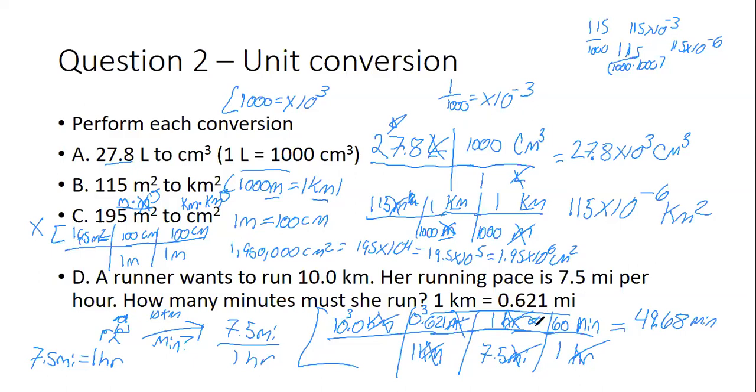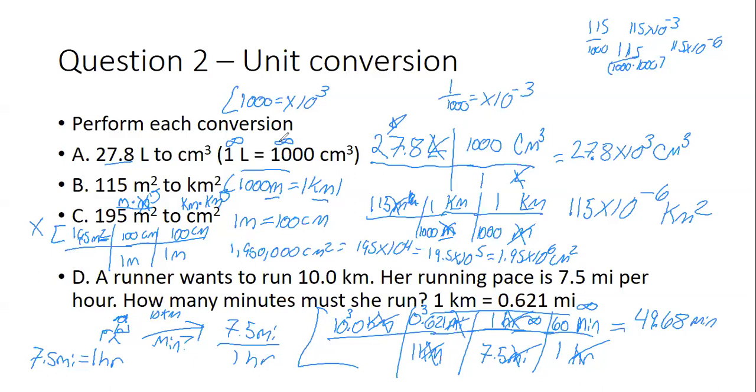Anything like miles per hour, that hour on the bottom will be infinity because it's 1 exactly. 60 minutes is also infinity. It's 60.000000000. So anything that's a direct conversion, like 1 liter to 1,000 centimeters, they have infinite sig figs. That's an exact number that you're sure of to infinity. You know it's 1, right?